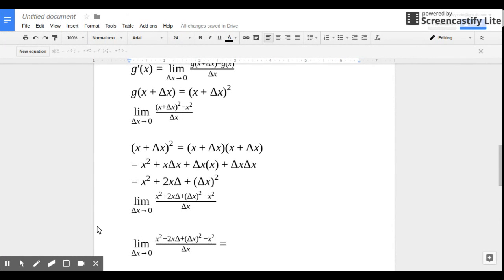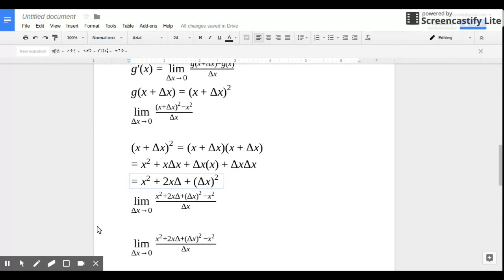Well, I noticed something here. I was going to try to let you work this out, but as I was explaining this, I noticed that I left something off up here. So we have an x delta x and a delta x x. Now that means that there's two terms that are the same, so they're like terms.